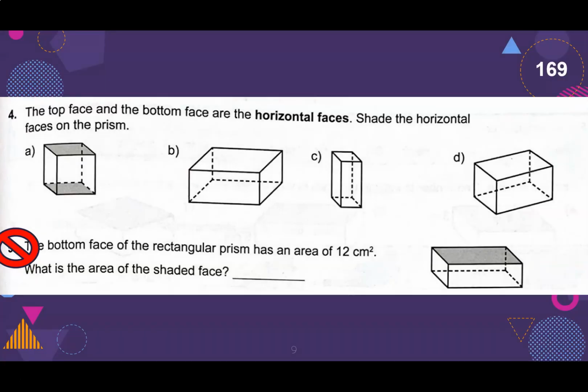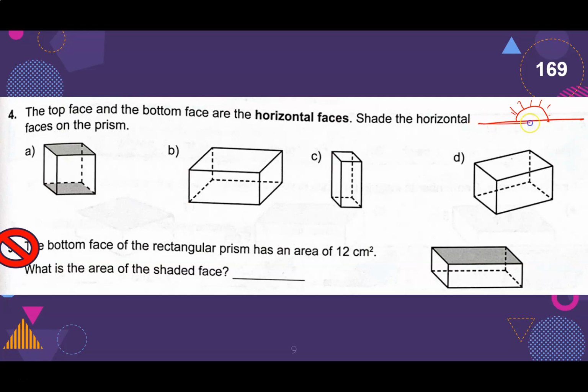Moving on to page 169, question 4 says, the top face and the bottom face are the horizontal faces. Shade the horizontal faces on the prism. So remember, horizontal is the horizon. So here's my sun rising.